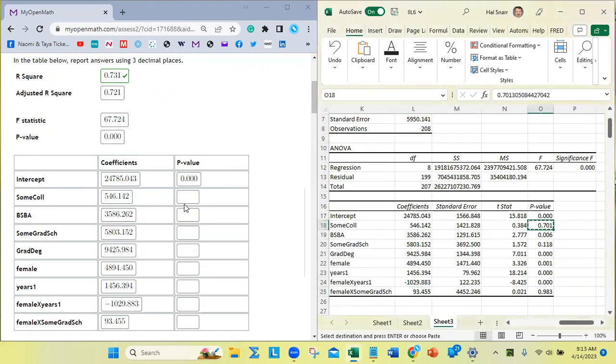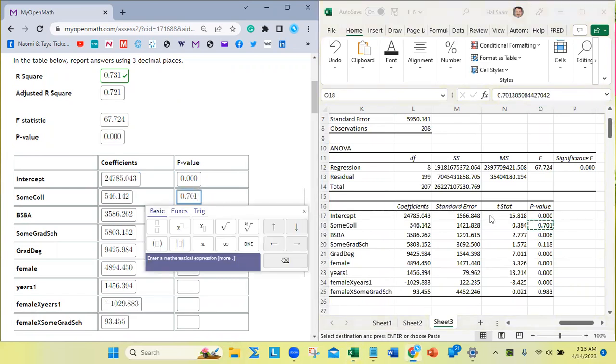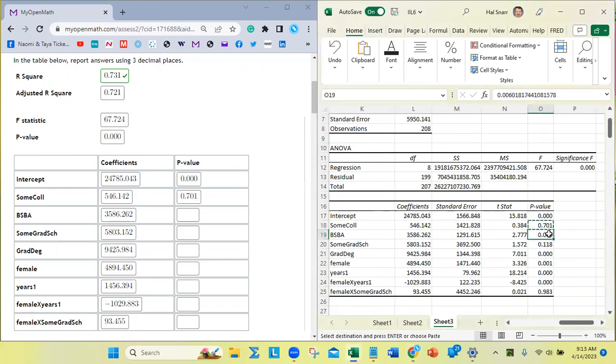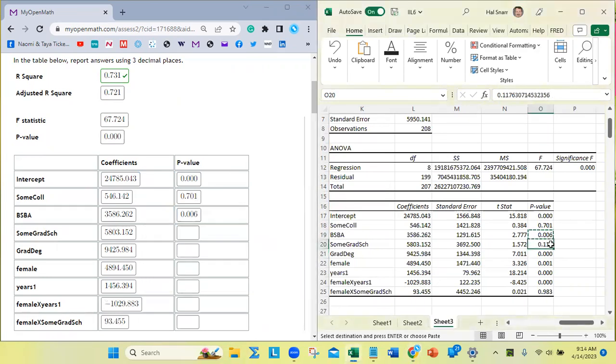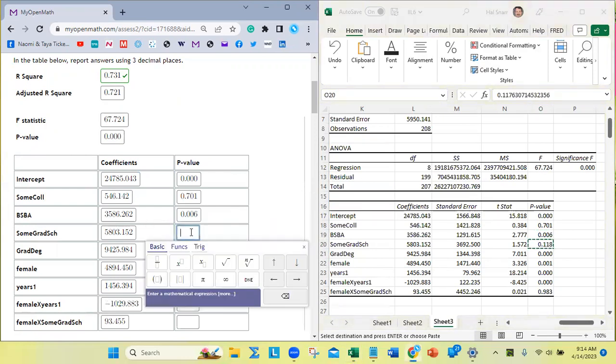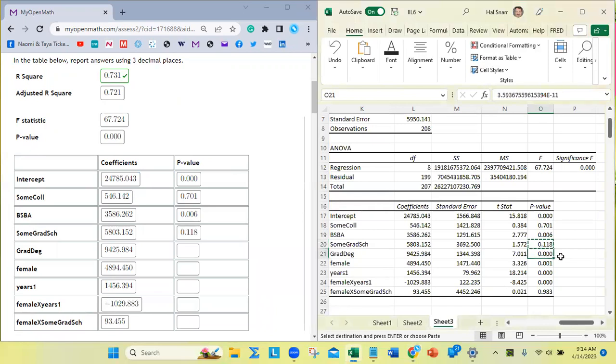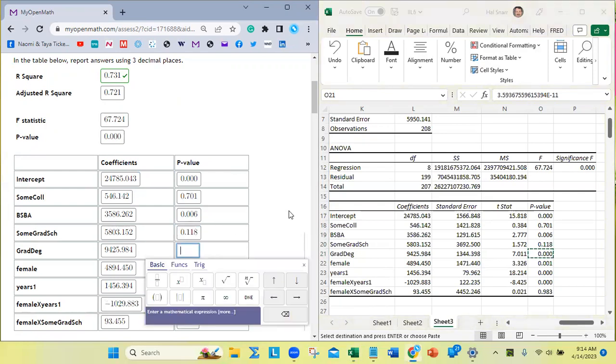It looks like some college is statistically insignificant. It looks like having a bachelor's degree is statistically significant. Some college appears to be insignificant, or some grad school seems to be insignificant.